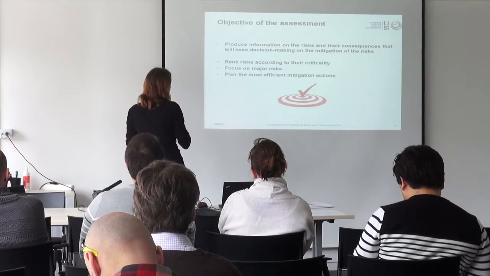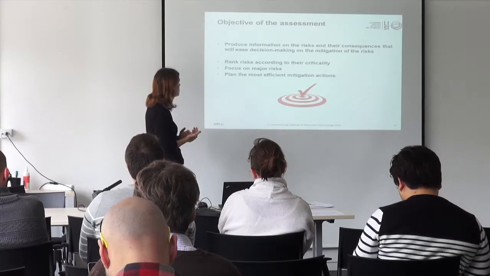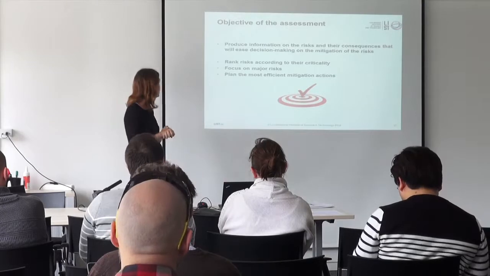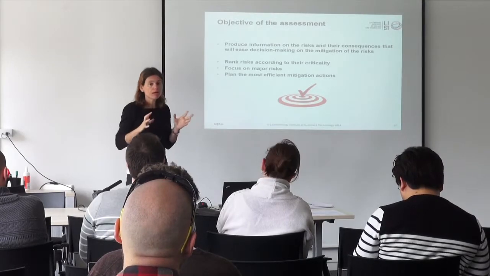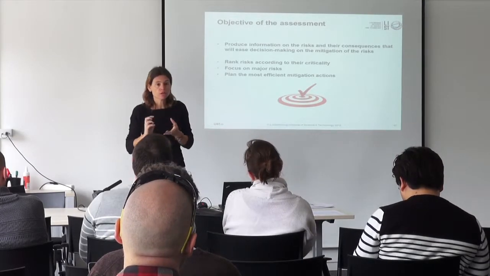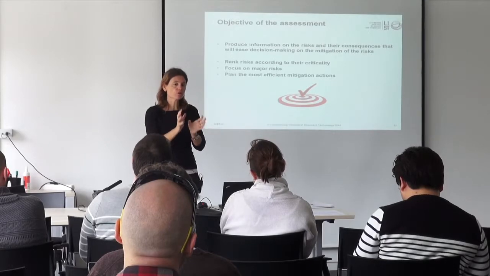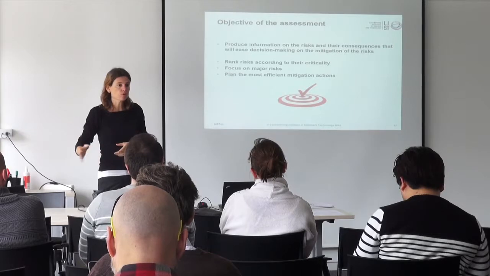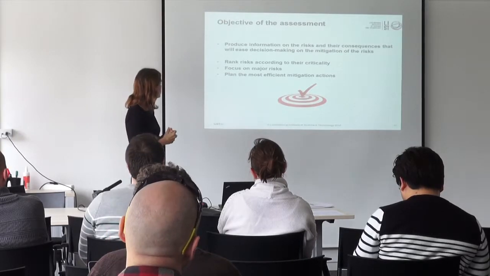So what you want to do in that step is rank the risks according to their criticality, to their probability, to their impact. And at the end, you want to be able to say, these are the risks we want to focus on. These are the risks we're going to just monitor and follow, but we're not going to do anything about them.